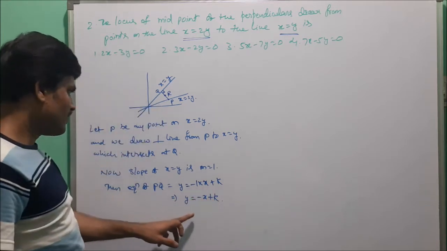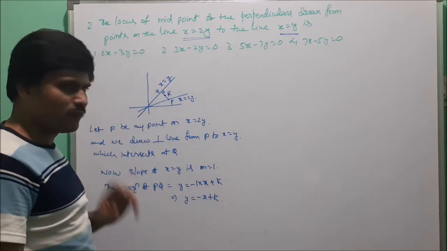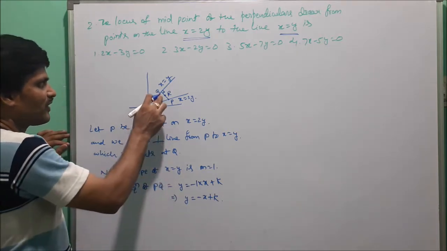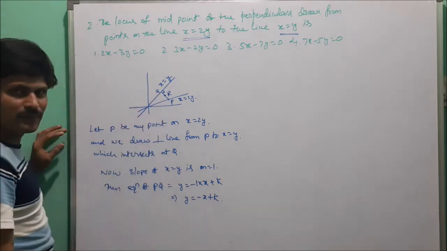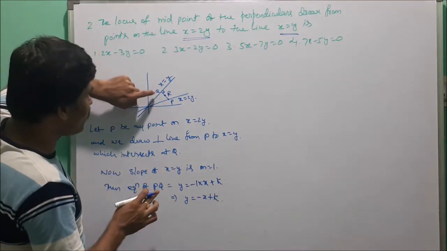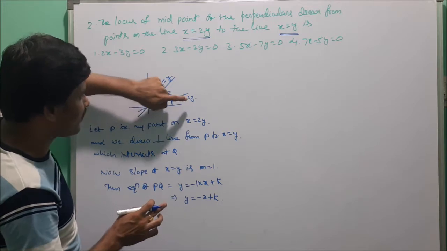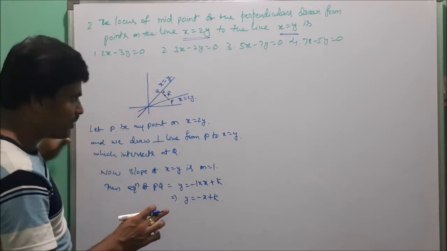This is the perpendicular equation PQ. So here we find the points of intersection of Q and P. Solving PQ and x equal to y, we get Q, and solving PQ and x equal to 2y, we get P.